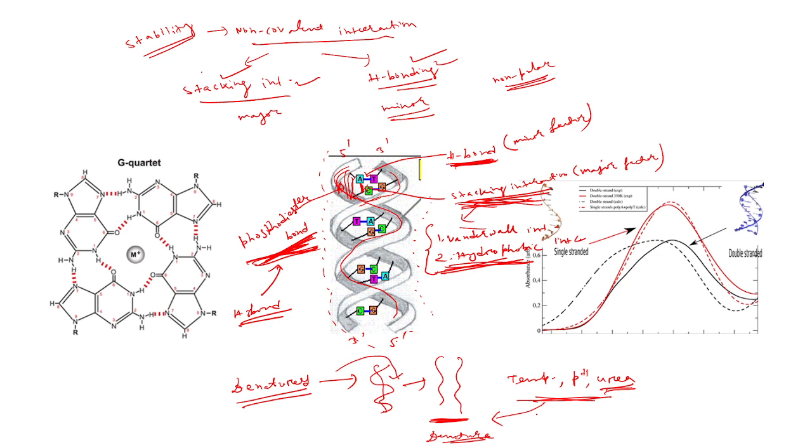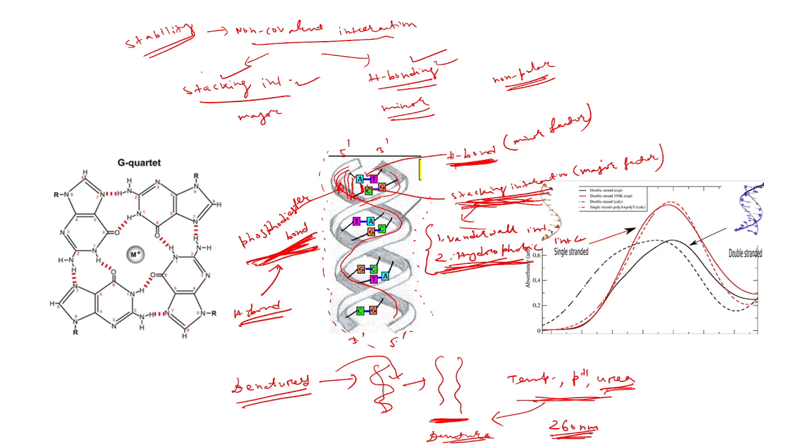When the structure of the DNA is denatured, it can be determined in the UV spectrophotometer. What is the UV spectrophotometer? In the practical you will study that DNA absorbs maximum at 260 nanometer. Let's say this is the graph of the double stranded DNA.